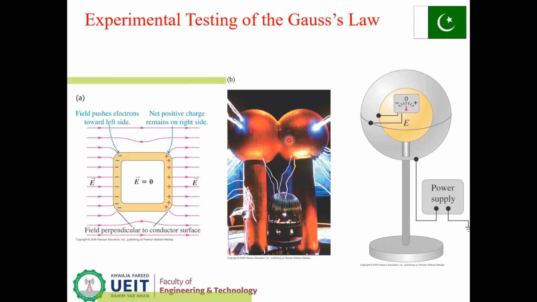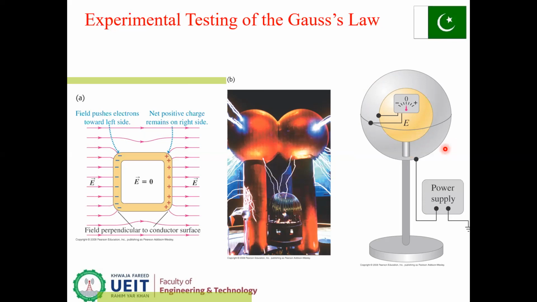Here the real situation is shown, in which two spheres are bound. The electric lines are shown and electric streaks are produced on the surface of the sphere. So only the surface is contributing for the charges.